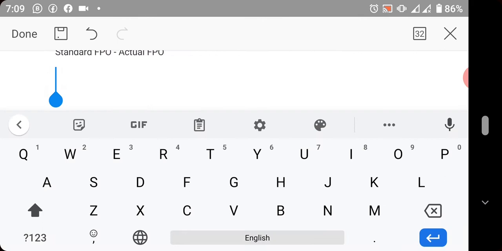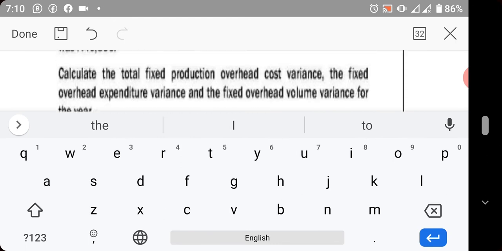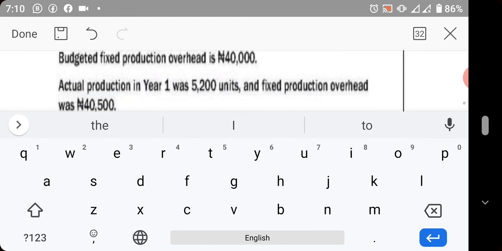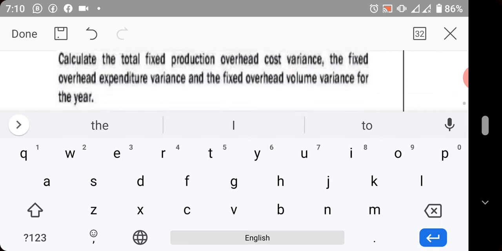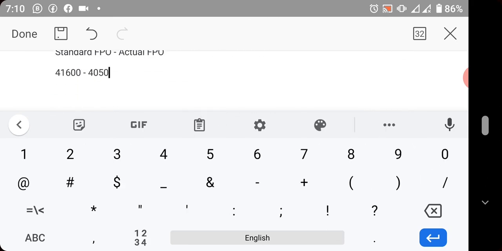So we'll come here and calculate. I will show you the workings. Standard fixed production overhead is 41,600 minus actual fixed production overhead, which is 40,500.